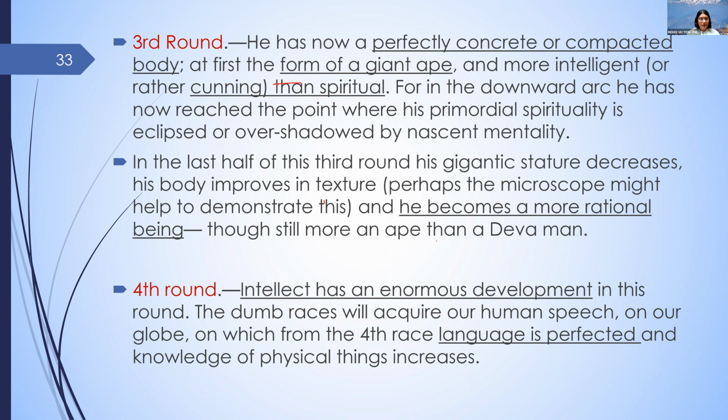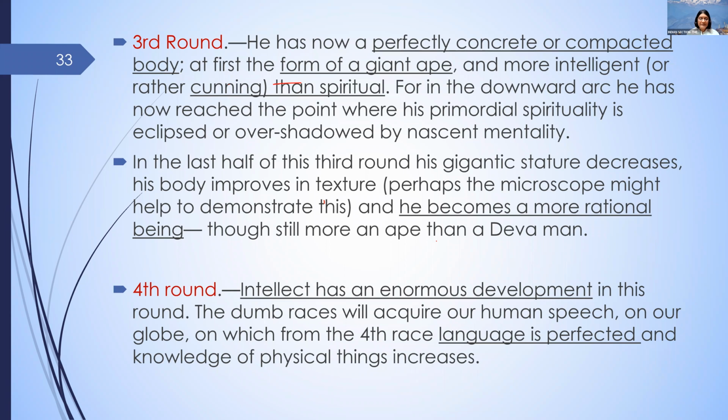For in the downward arc, he has now reached the point where his primordial spirituality is eclipsed or overshadowed by nascent mentality. So this is happening in the third round, because 3.5 rounds will be the middle point of the cycle. So this is by law of correspondence. There are 7 rounds.